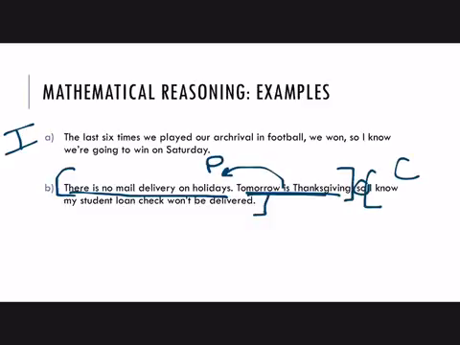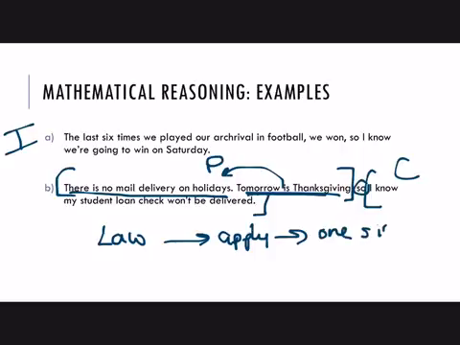So we're still working from what we could call a law or a rule, and then we're applying it to a specific situation. Tomorrow, the student loan check, that's a type of mail, and it won't be delivered. One situation.